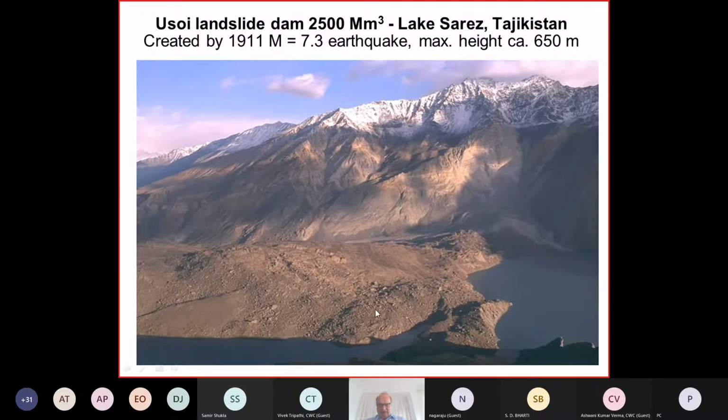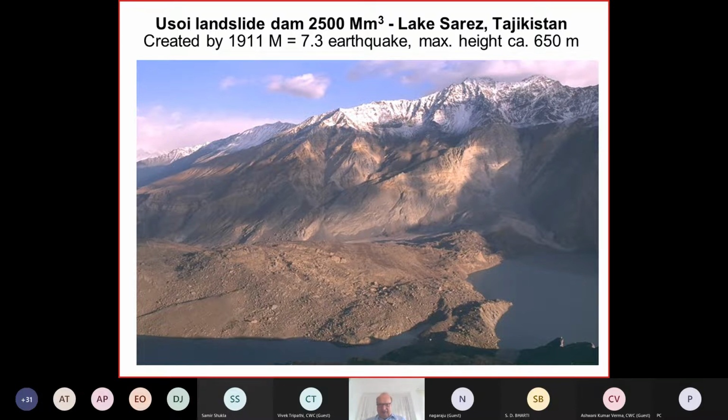And the height of this dam, of course, we see here the crest is very irregular. The height of this dam is about 650 meters, 600 or 650, it depends what reference you take here. It's the biggest dam in the world.